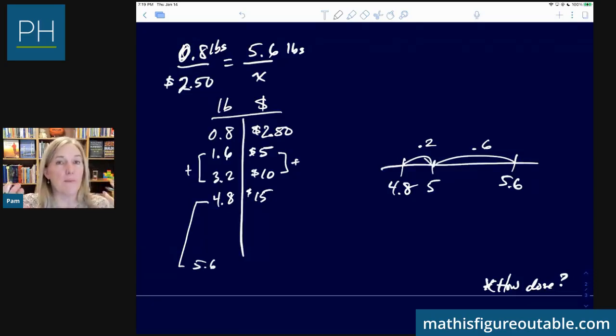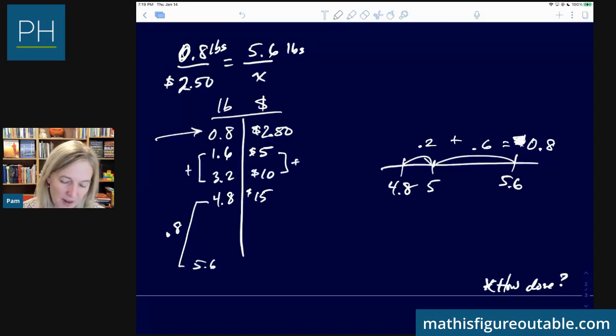I'm hoping that I've done enough work with kids that they would think about these relationships. And so is that just, oops, not dollars. That's just 0.8, right? Hey, 0.8. I'm just 0.8 away. All I need is 0.8. Whoa, we've already got that. Nice. So all I need to really do is add to that.